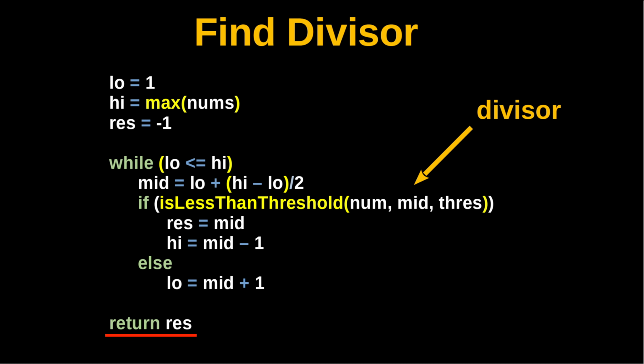And then at the end, we return the results. It's very straightforward, and for the is less than threshold function, I think we don't really need to pseudocode that. Basically, we find the mid value, and we divide every number in the nums array by that value. Okay, now that we have talked about the pseudocode, let's take a look at the real code.